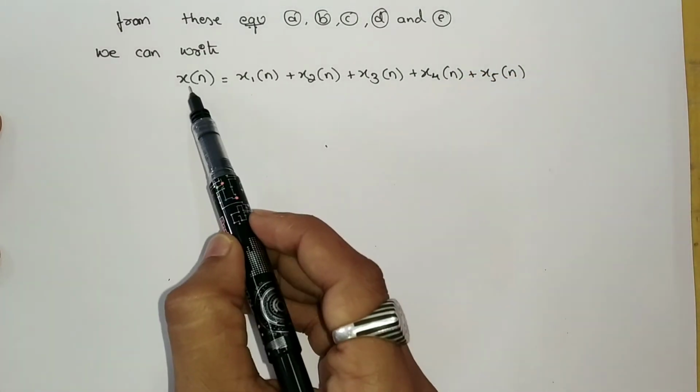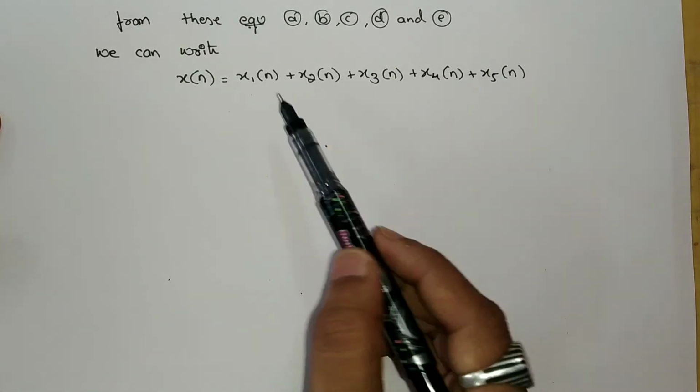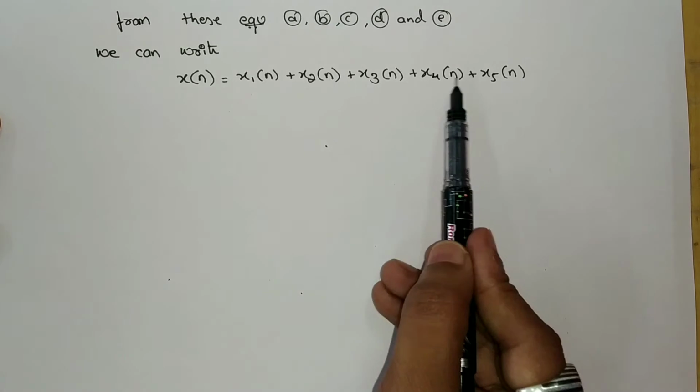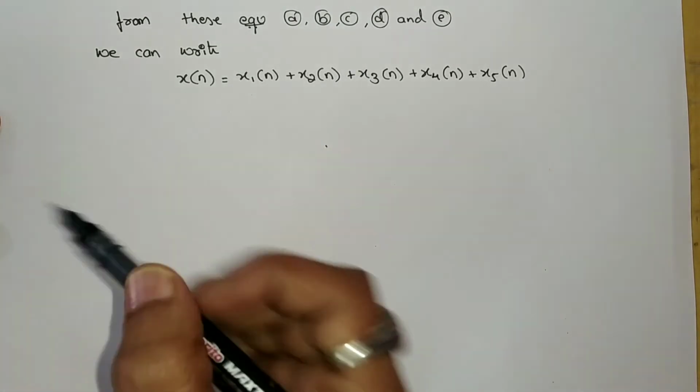The actual signal x of n was split into 5 equations: x1 of n, x2, x3, x4 and x5 of n, right? So now we are adding these equations to get x of n.